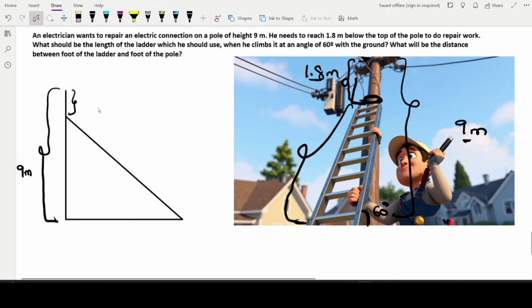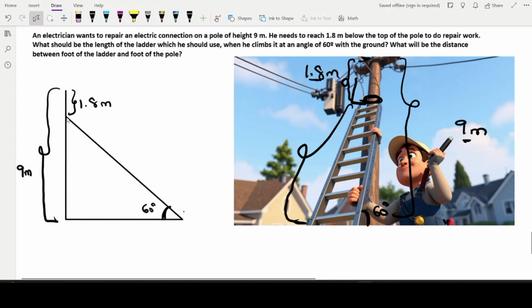This particular length will be 1.8 meter, and the ladder which is making an angle of 60 degrees. So he is asking us to find the length of this ladder, this particular line, and the distance between foot of the tower and foot of the ladder that is touching the ground.